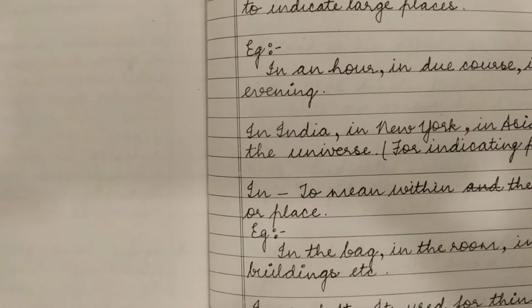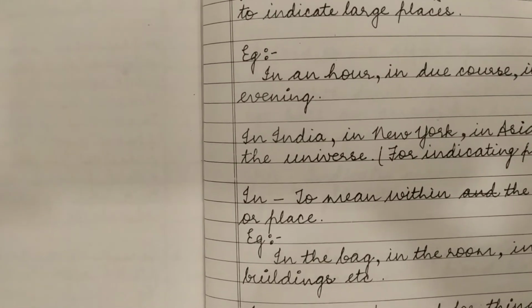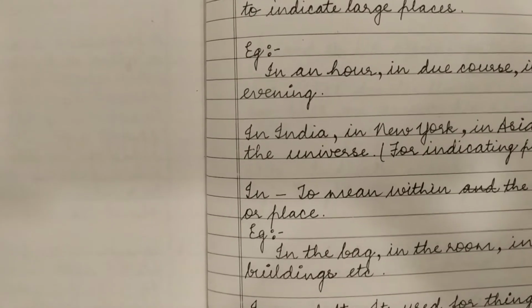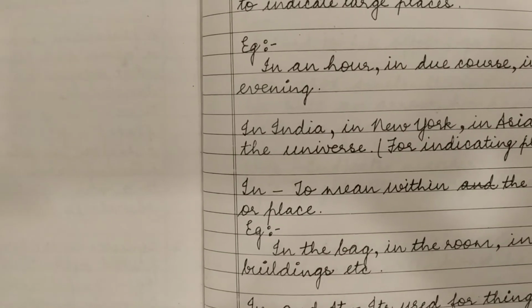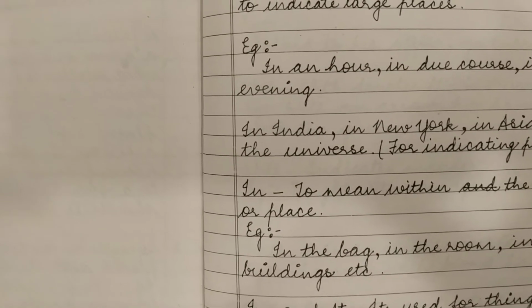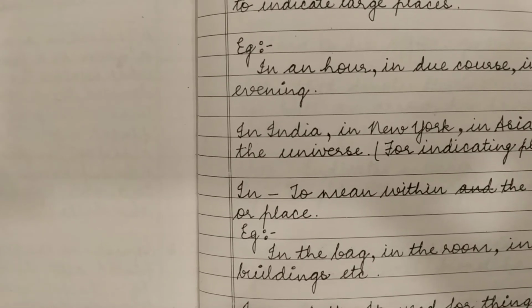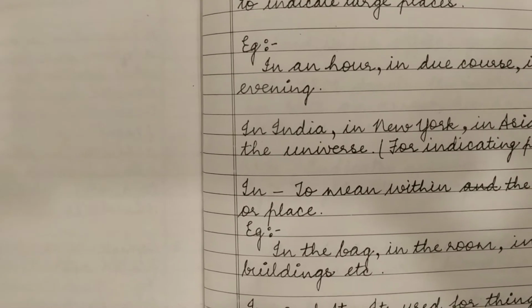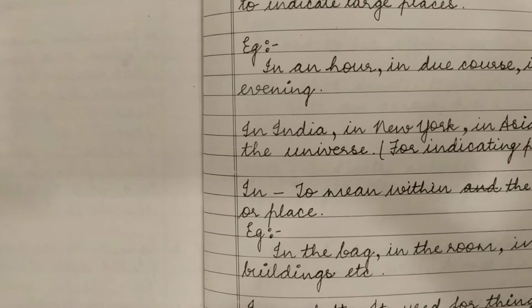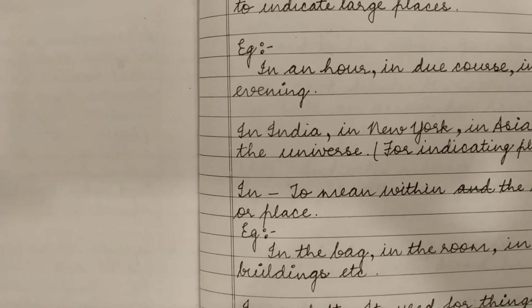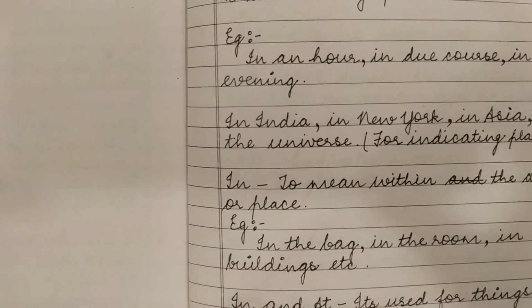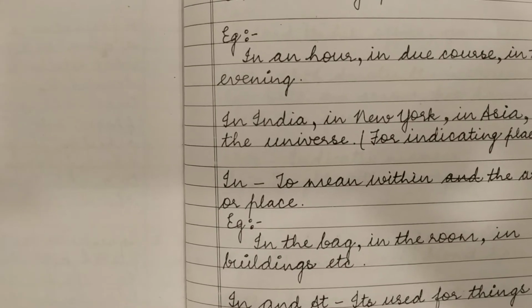Now when we see the examples which indicate places: traditions in India are due to the various religions. She lives in New York.